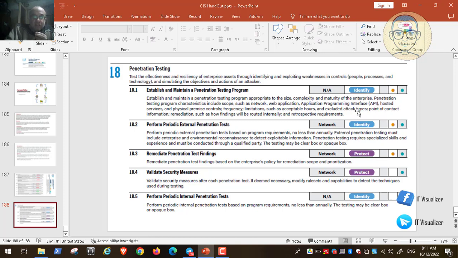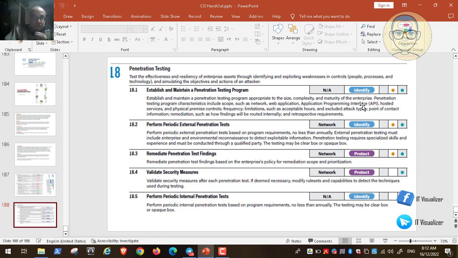And excluded attack types, and point of contact. Excluded attack types: maybe you don't need to do all of the penetration testing in full, maybe you only need to test some methods, not all attack types. For example, maybe you are only focusing on website attacks.